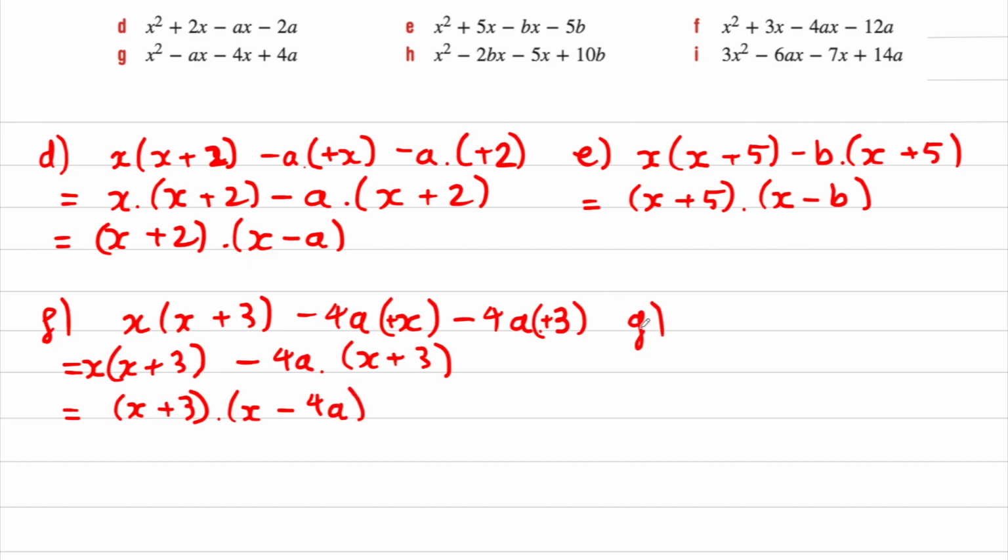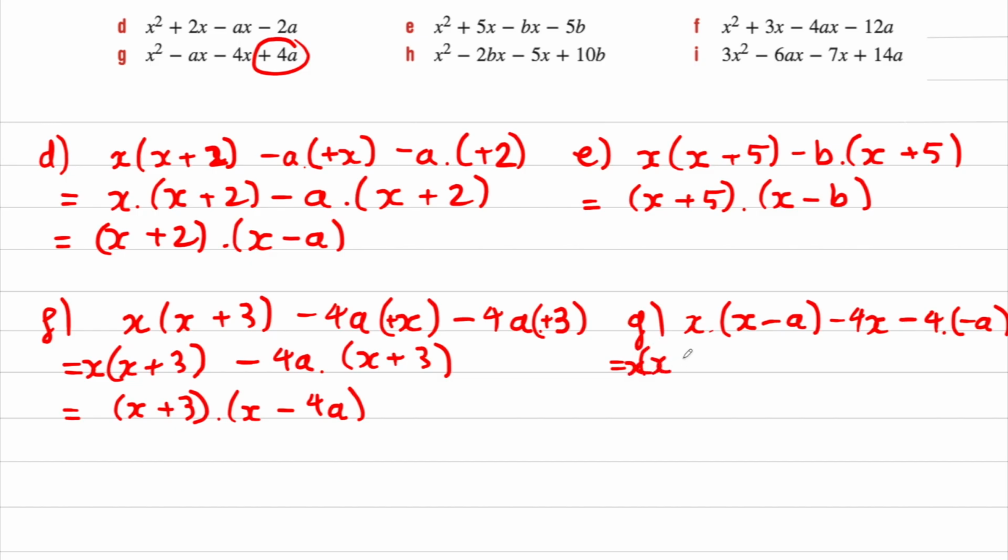Question G. Question G is a little bit harder. The first bracket will be x minus a, and how about the second one? I will put minus 4 outside. So when I write down minus 4 outside, I will rewrite plus 4a here in the form of minus 4 multiplied by minus a, because negative multiplied by negative becomes positive.